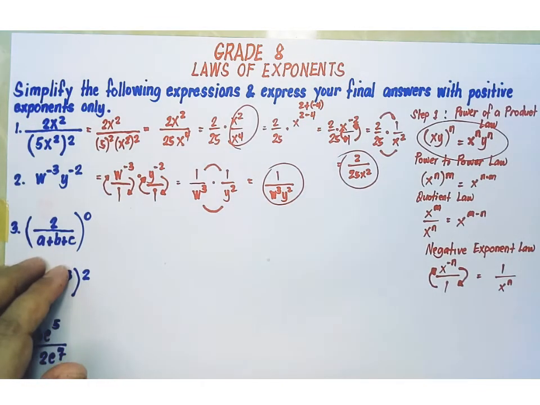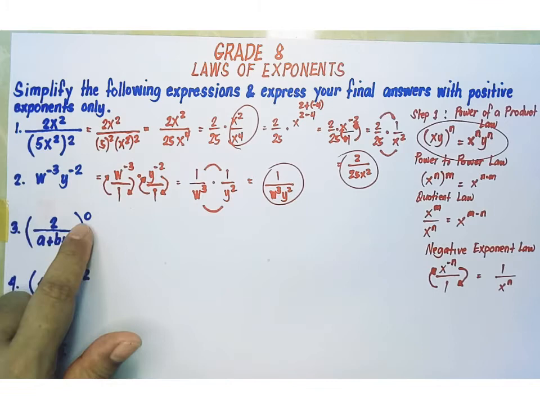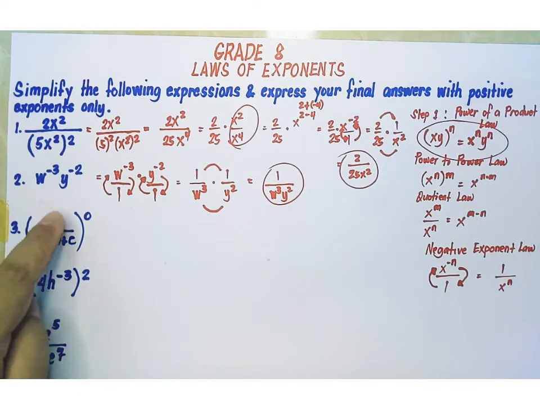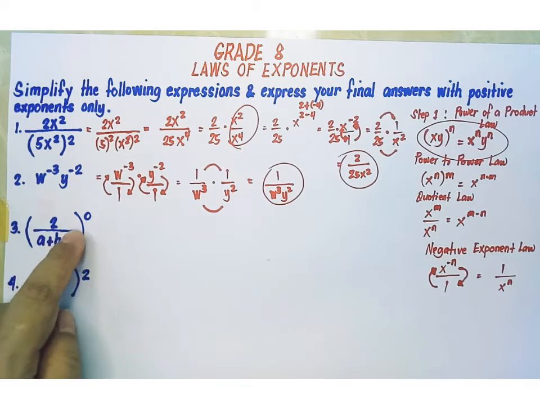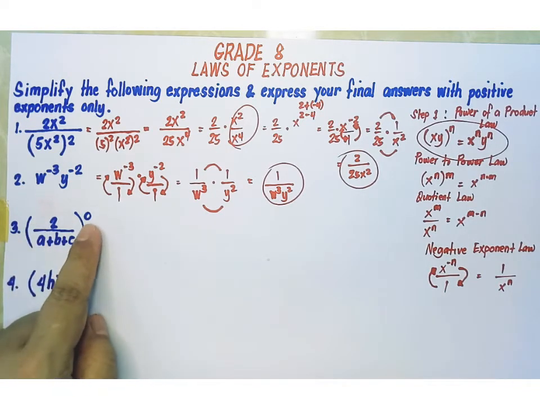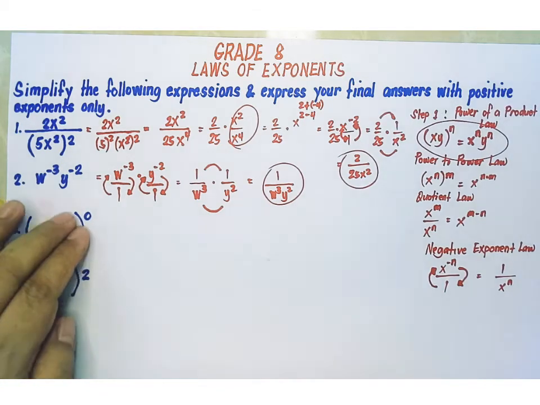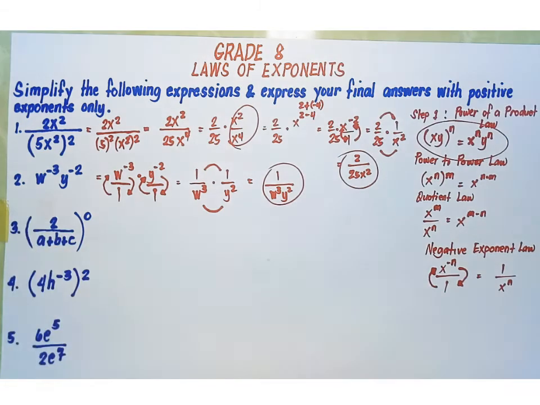Okay, next problem. We have a group raised to 0. Okay? So, may grouping symbol tayo dito na parenthesis. This grouping symbol tells us that the whole quotient owns the exponent 0. So, itong 0 na to, i-apply mo sa buong group. At anong sinasabi ng zero exponent law?